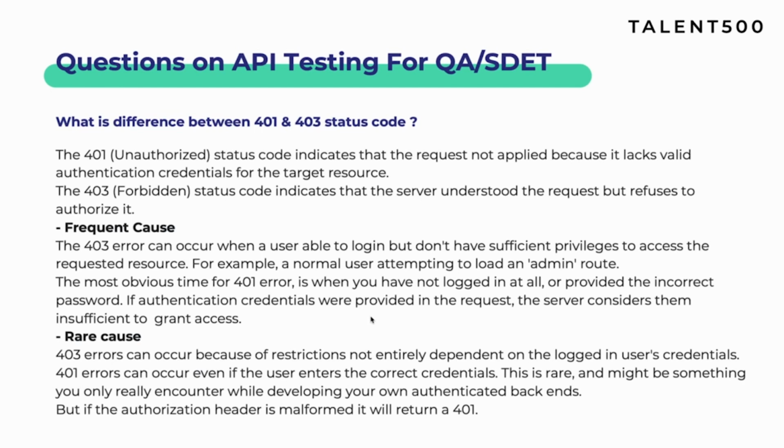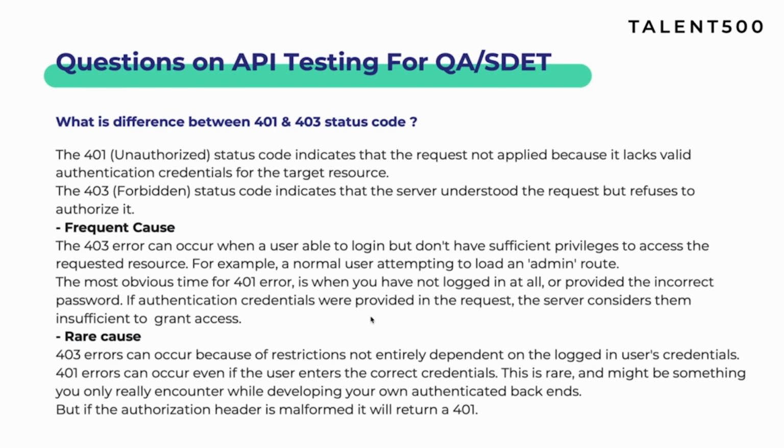Let's say you are trying to log in to an application, and in the login username and password you have made some mistake. Whenever you make a mistake in your login username and password, you are supposed to get unauthorized, and that is 401. So the 401 status code is for unauthorized, and you usually get it when you make some mistake in the credentials part.